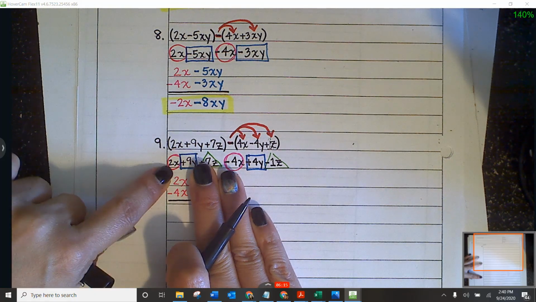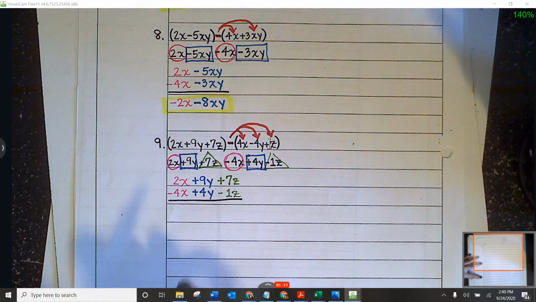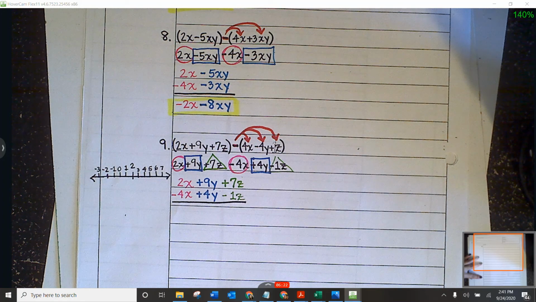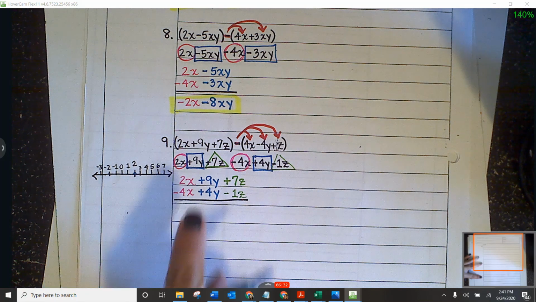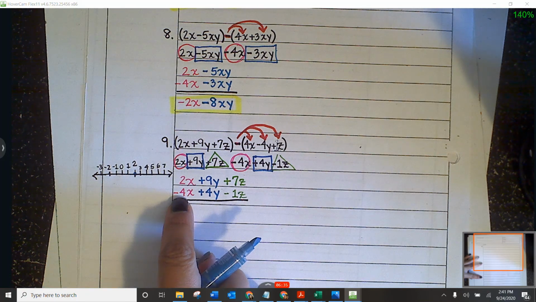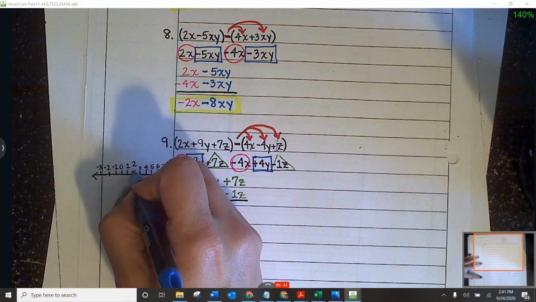Okay, so 2 minus 4. Now, if you're having difficulty, please know that you can always draw a number line. So I went ahead and drew out this number line here, and I'm obviously going to start at 2. Now, if I'm starting here at 2 and I am subtracting, that means to go to the left on your number line.